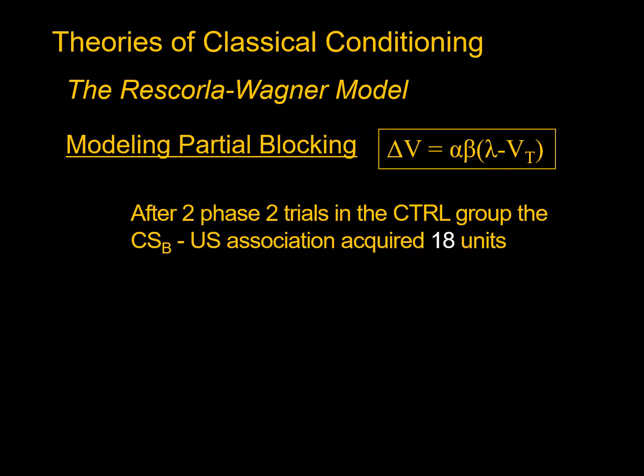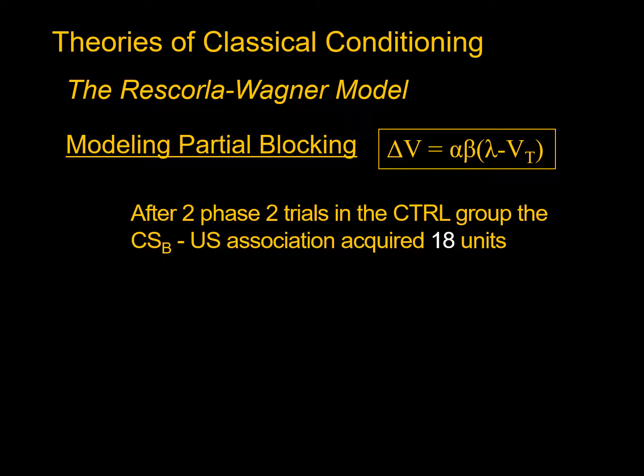If I was to ask you specifically to point out how you have demonstrated partial blocking here? Well, I didn't redo the control group trials, which you might have to do if this was a question you were faced with.